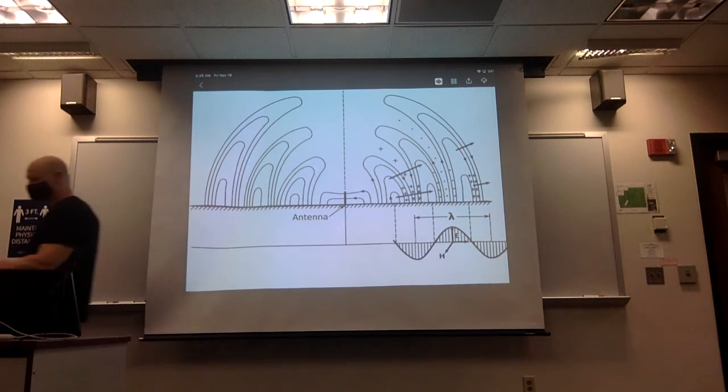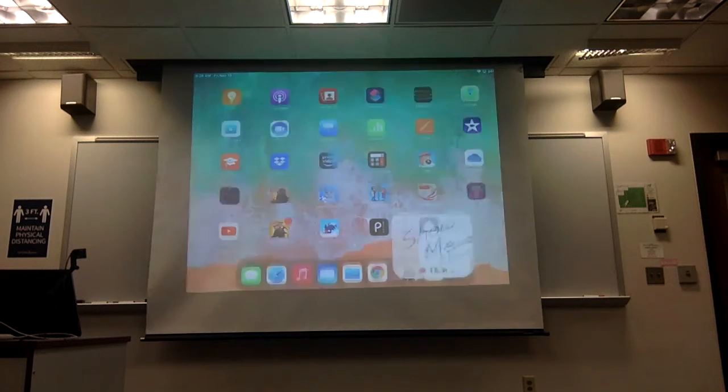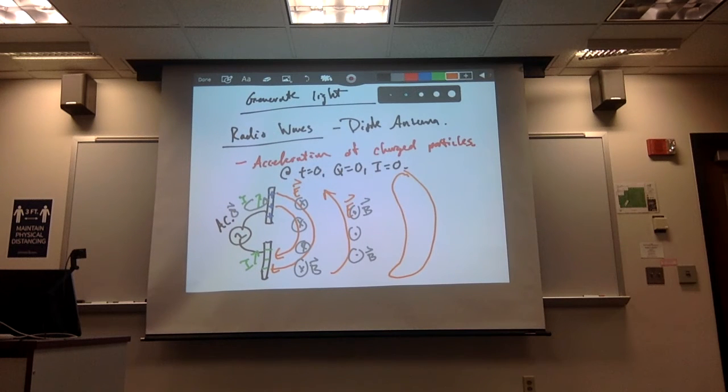So eventually, the further I get away, this radius becomes so big that my waves are going to start to move in lines that look like they're parallel. So this is what we call plane waves. When this happens, this is what we call the radiation field or the far field limit.